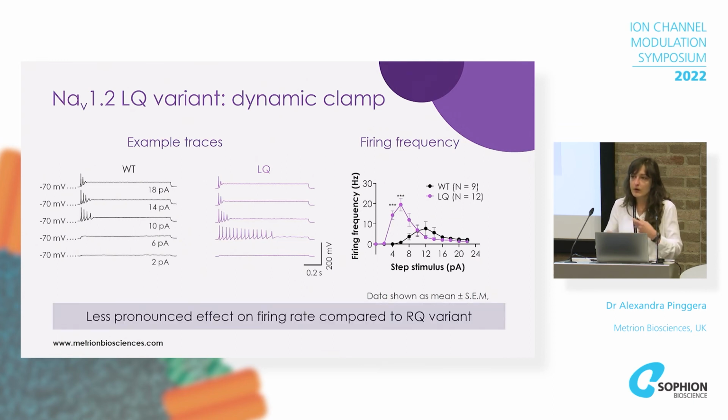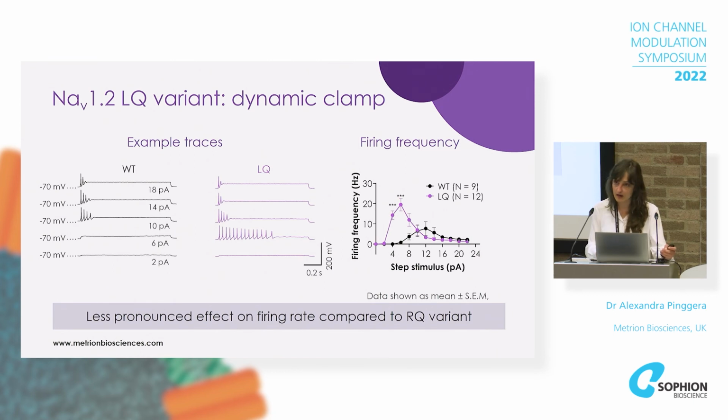The point I'm really trying to make here is that with dynamic action potential clamp, if we ask, as in our case, does it affect neuronal firing, we don't need to interpret voltage clamp data, like, is a half millivolt shift or a little bit of inactivation gating, what does this mean? We can apply this and get a better readout, a better prediction of what it might cause.